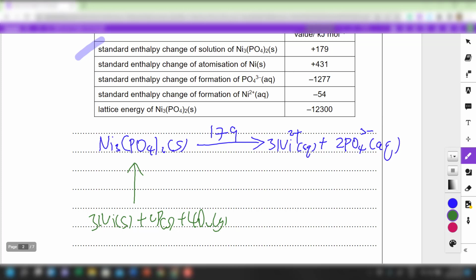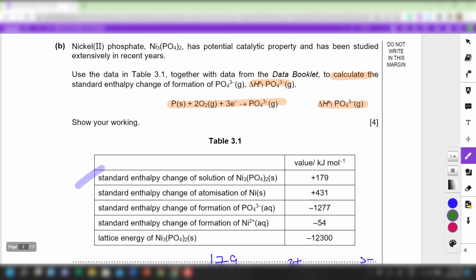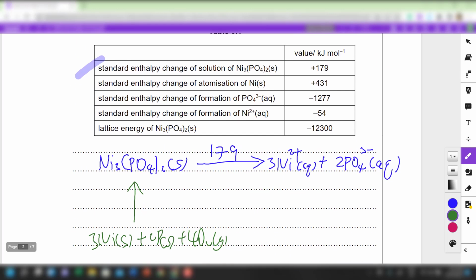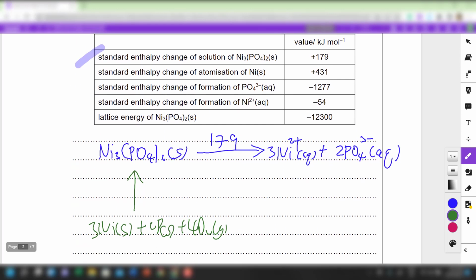If it's not given to you, then there's no way you can go about solving it, because we're not asking you to solve for the enthalpy change of formation of nickel phosphate. Do you realize that? We are actually asking you to solve for the enthalpy change of formation of the gaseous phosphate anion.